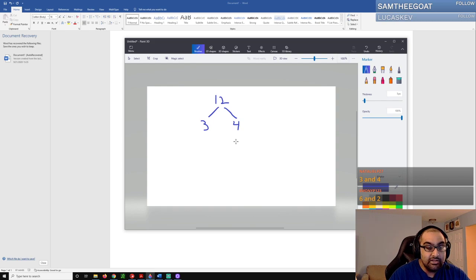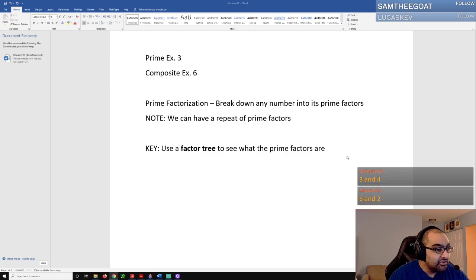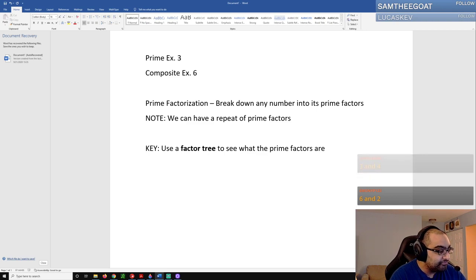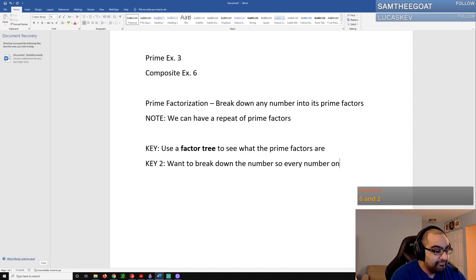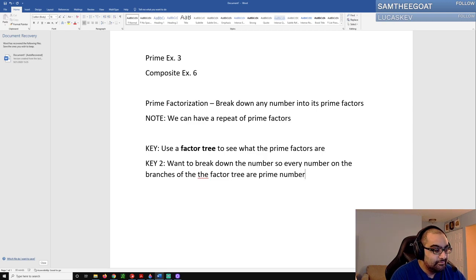Now the thing is, what's the big thing here? All right, so I want to show this off and then I'll come back to the example here. What's the key number 2? Key number 2 is we want to break down the number. So every number on the branches of the factor tree is a prime number.